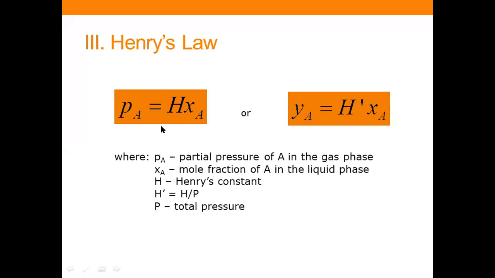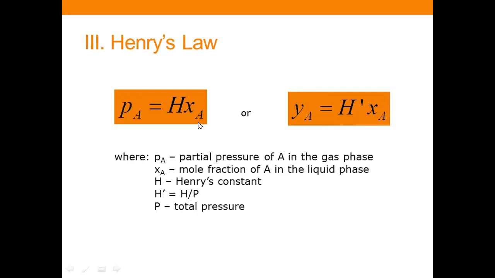Now, from this original Henry's law, you can get a relationship of YA and XA. All you have to do is divide this equation by the total pressure of your system. Most of the time, this is 1 atmosphere. Then your partial pressure divided by the total pressure on the left side will be converted to, sorry, the mole fraction of A in the gas phase, not the vapor pressure, the mole fraction of A in the gas phase.